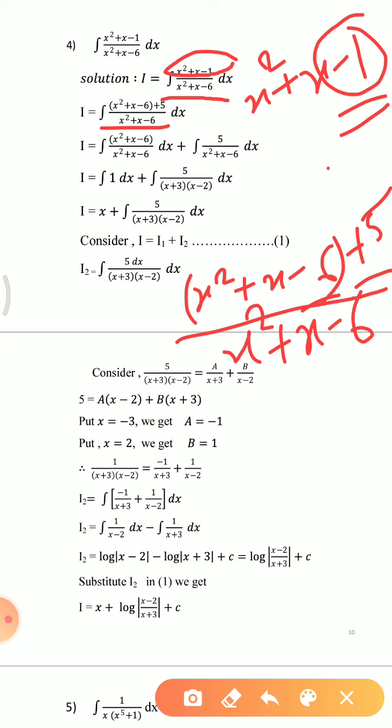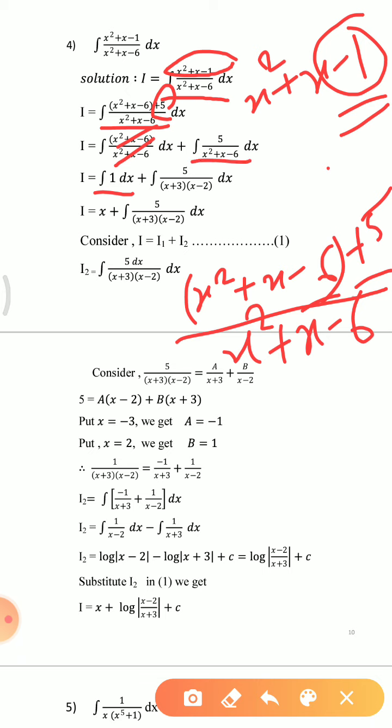That means the integral is (x² + x − 6)/(x² + x − 6) dx, plus we take the 5, plus integral 5 upon the denominator x² + x − 6 dx. Then this term will be cancelled.